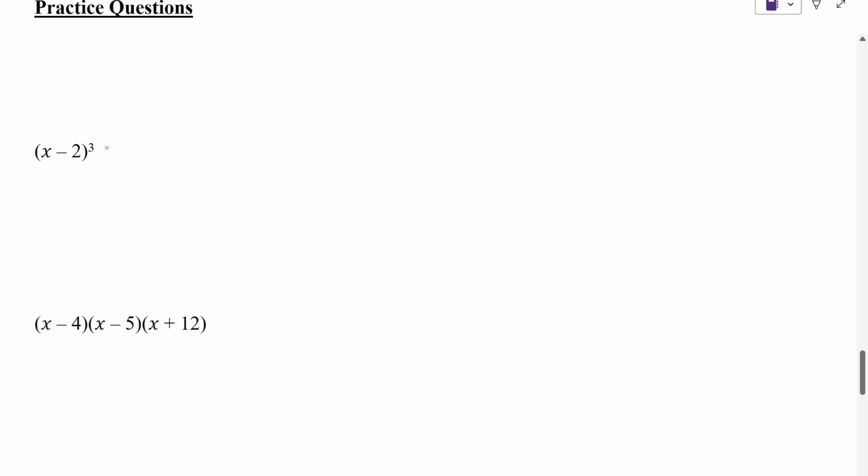Okay, so let's go through the first one. We've got x minus 2 to the power of 3, and as discussed earlier, we're going to rewrite this as triple brackets. Okay, so they're all the same, so we're just going to multiply two of these together. Multiply them out.